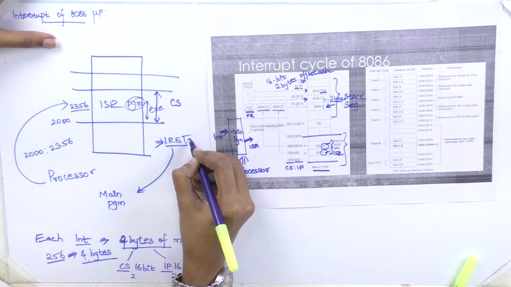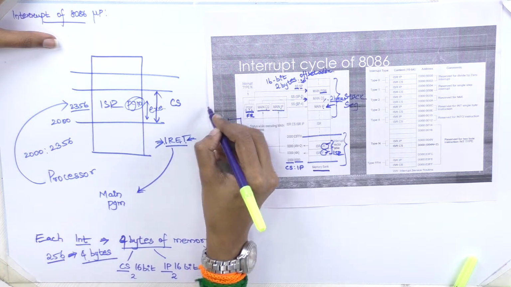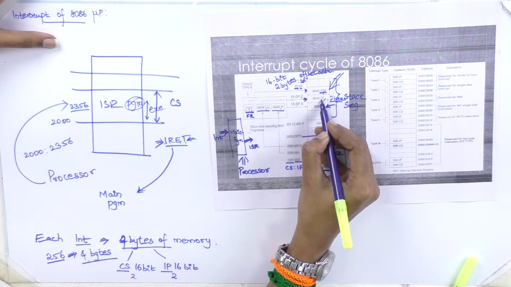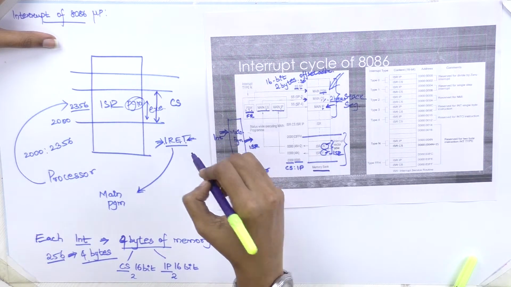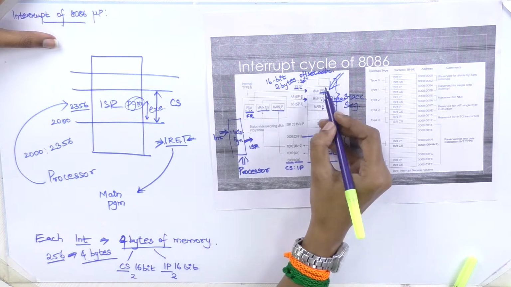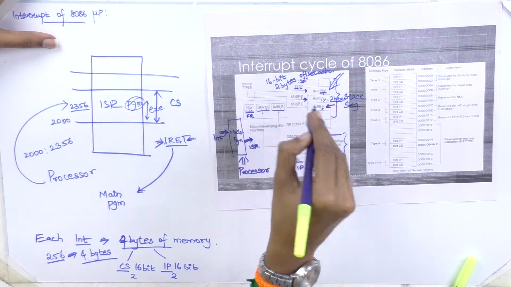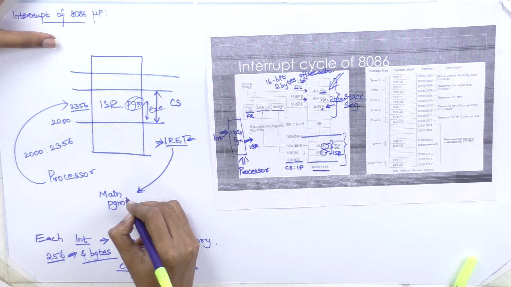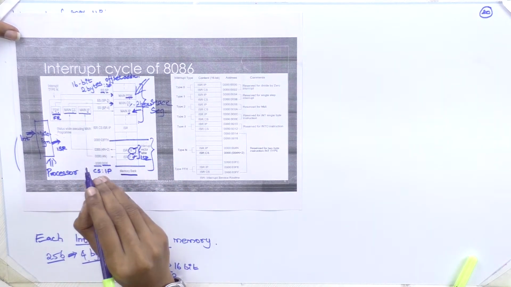Once the processor sees this interrupt return instruction, it will move on to the stack memory, where we have stored the PSW, CS and IP value. It takes the values from the stack, flag register, code segment, IP value, restores them in the same registers and continues its execution. So this is what will happen when an interrupt occurs.